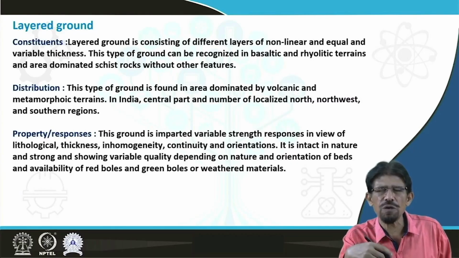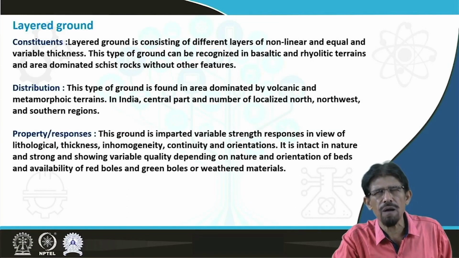Layered ground is similar to the bedded ground, but the layered ground is not so linear or planar in nature. It is irregular in nature. And we can observe this type of ground in the case of basaltic flow or rhyolitic flow.